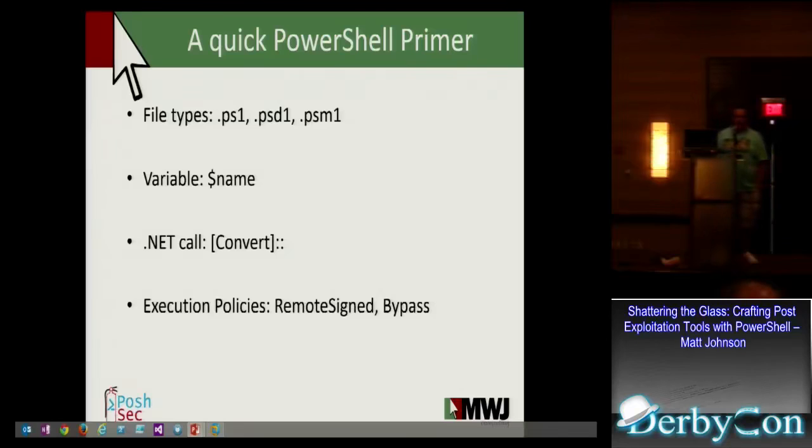The couple I use are RemoteSigned and Bypass. RemoteSigned requires that anything you download from the internet be signed unless you unlock it. And then Bypass ignores all this stuff. It doesn't have to be signed, it can be signed, it doesn't really matter. It'll just run. So you'll see a lot of examples on the internet using the Bypass stuff.